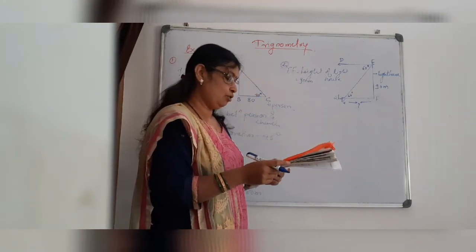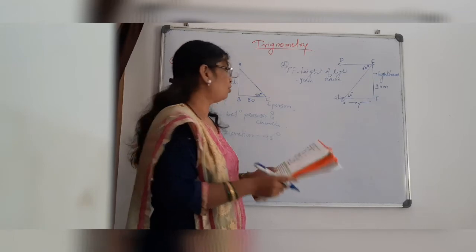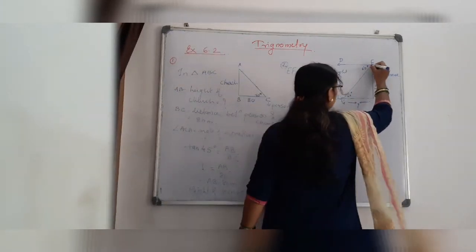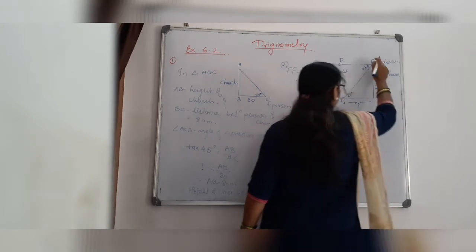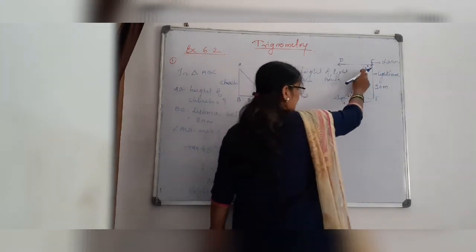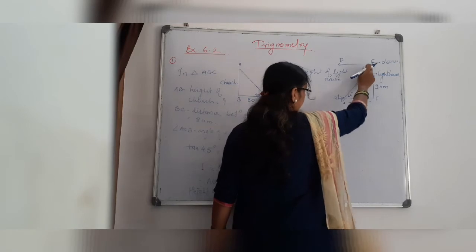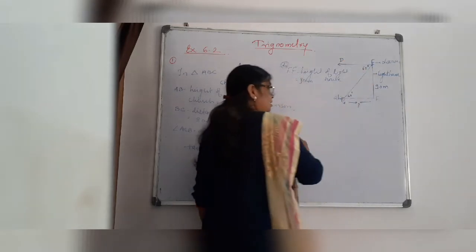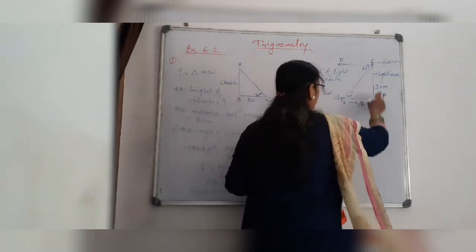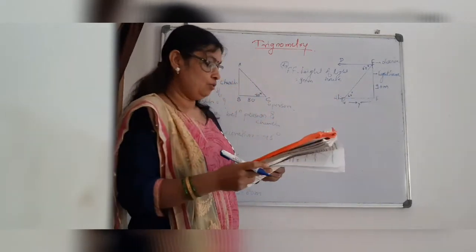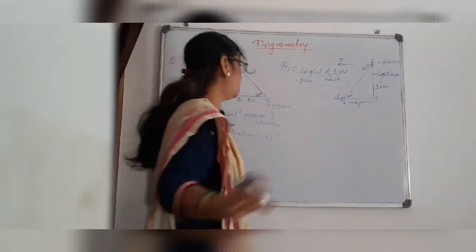Then an observer looking at a ship makes an angle of depression. Here is the observer, E means observer. It looks at the ship, making an angle of 60 with the horizontal, the angle of depression. If the height of the lighthouse is 90, you have to find how far the ship is from the lighthouse.